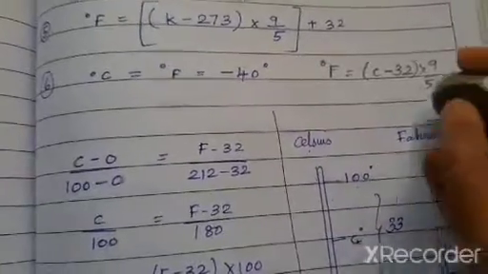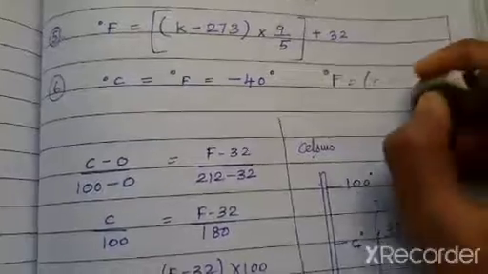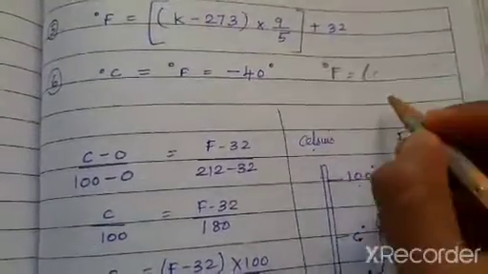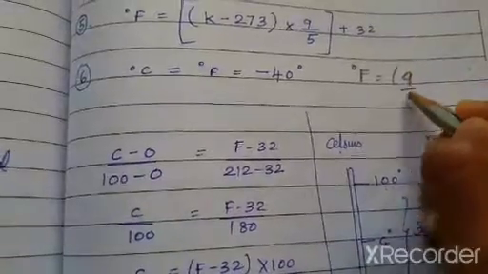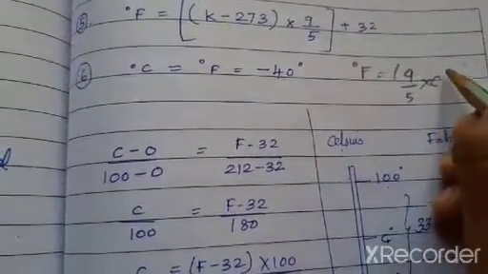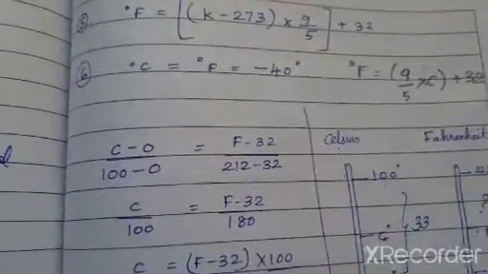Sorry, I have written this wrongly. If a temperature is given in Celsius, and you want to convert it to Fahrenheit, the formula is 9 by 5 into C plus 32. Isn't it? This is the formula we learnt already.